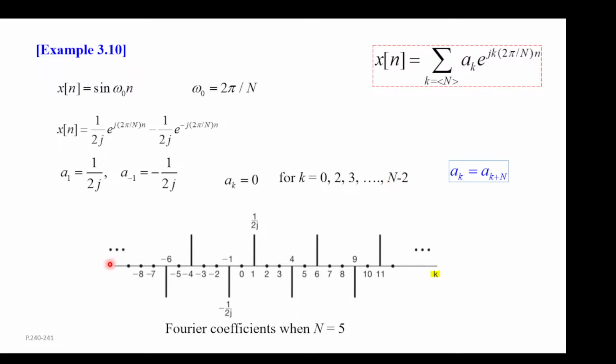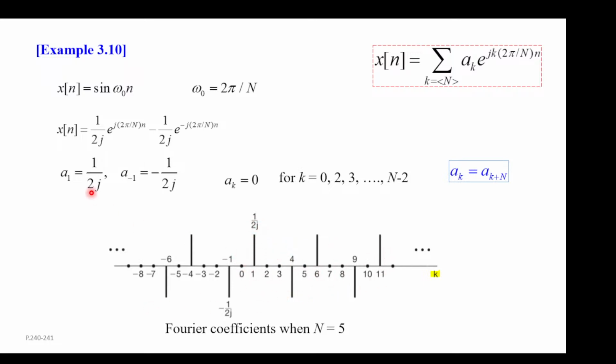And then we can plot our ak on a line. Okay, so ak is purely imaginary, so we plot the imaginary part of our ak here. So this is a plot of k and ak, and to plot this we need to pick a big N. So if we say big N equal to 5, then we see our ak is a periodic signal with period 5.